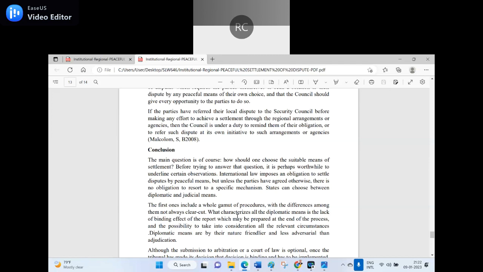But before that, they try to send it to the reconciliation agencies, a diplomatic way. Diplomatic means of settlement: they will send it to the reconciliation organization, to the institution. See, marriage is a natural bond, and one should try to keep it.